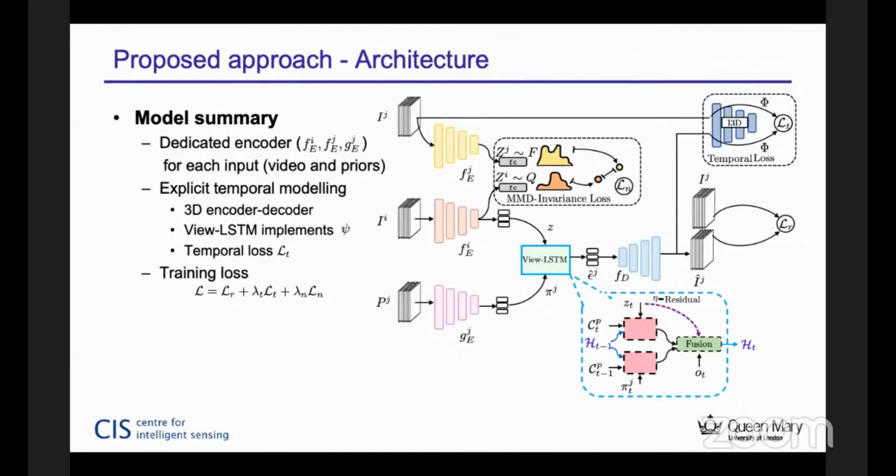To implement the operator psi, we extend the convolutional LSTM, and the resulting feature is an approximation of the target view video. Using that feature, we decode it in the pixel space to estimate the target view video.